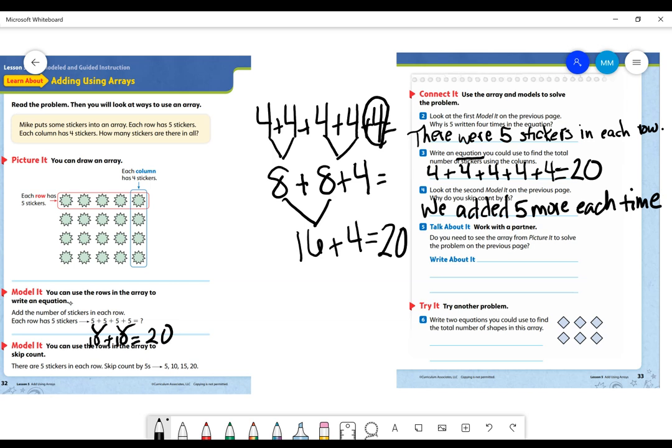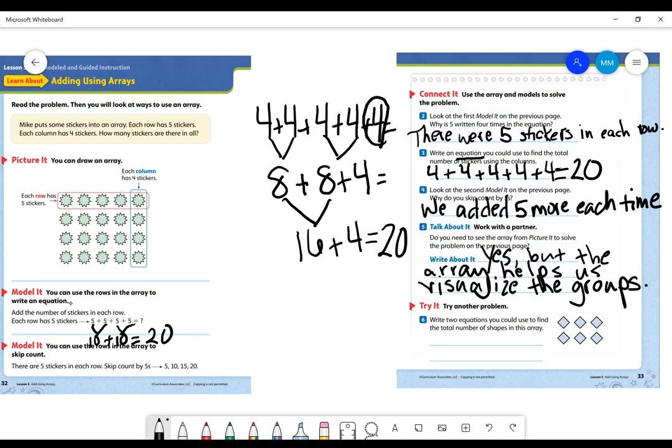If I didn't have my picture, could I still solve 5 plus 5 plus 5 plus 5? Yes, I could, right? We did that together with 4 plus 4 plus 4 plus 4 plus 4. Yes, but the array helps us what? It helps us picture it better, right? The array helps us visualize. Visualize is a fancy word for see. Visualize the groups of stickers.